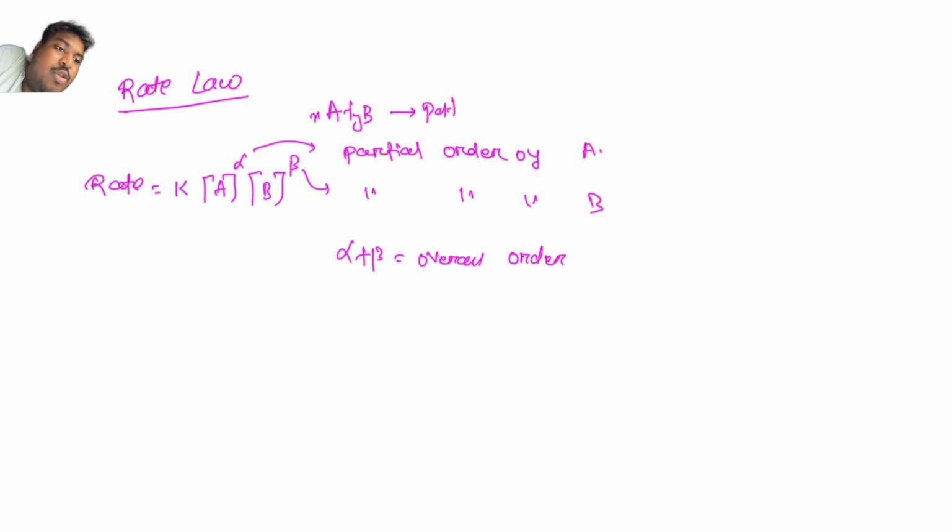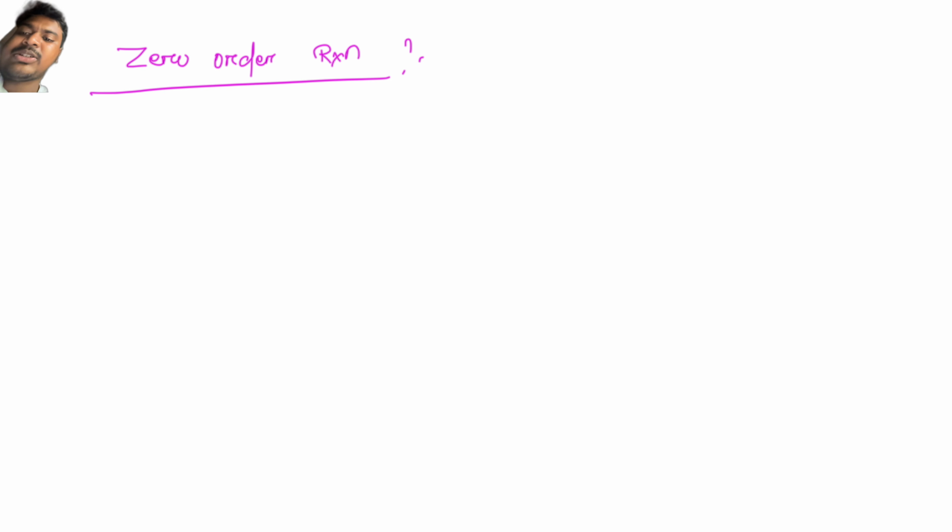So I'm going to discuss the zero order first. I'm going to erase this now. Okay, let's discuss the zero order reaction. What does the rate law tell us? That the rate is proportional to the concentration of the reactant.